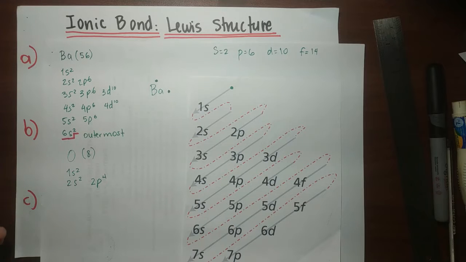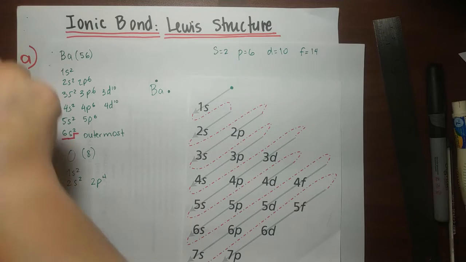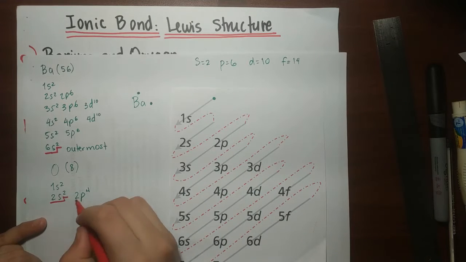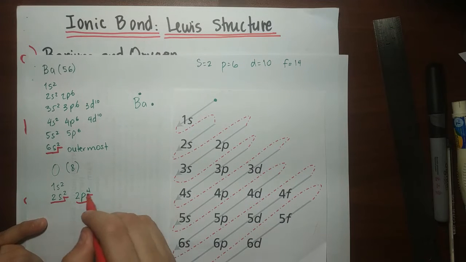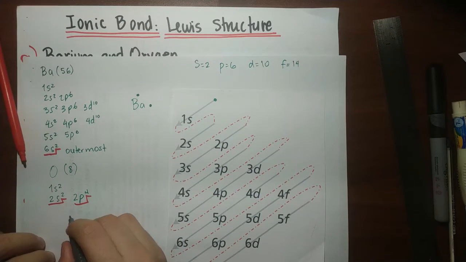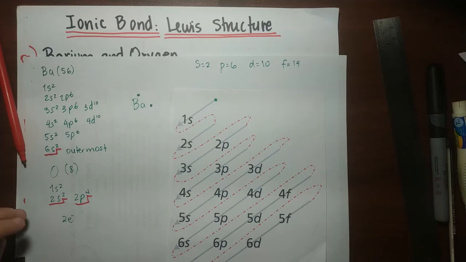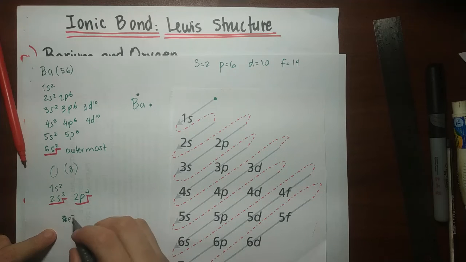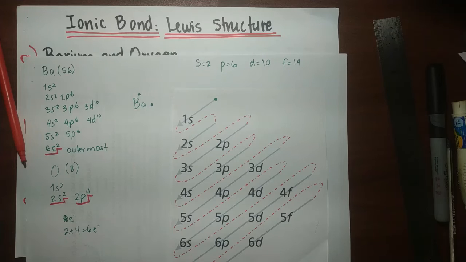So how many electrons does oxygen have in the outermost level? I have 2 plus 4. I have 6 electrons in the outermost level. I know I wrote 2, but it's 6. 2 plus 4 equals 6 electrons in the outermost level.